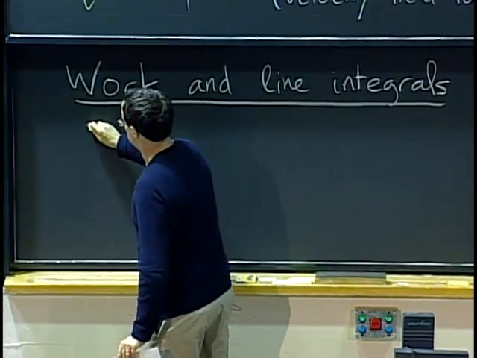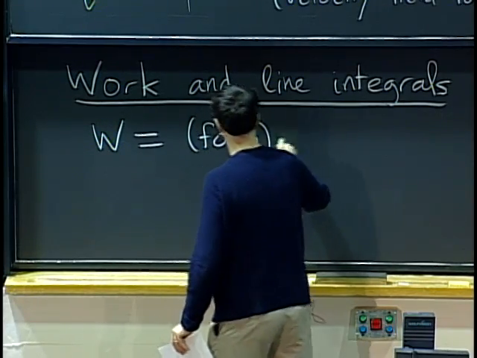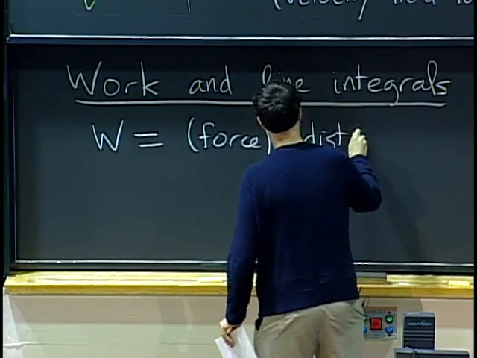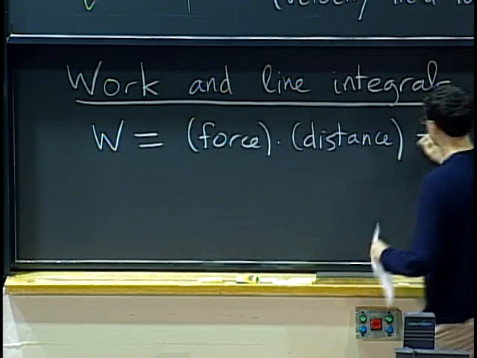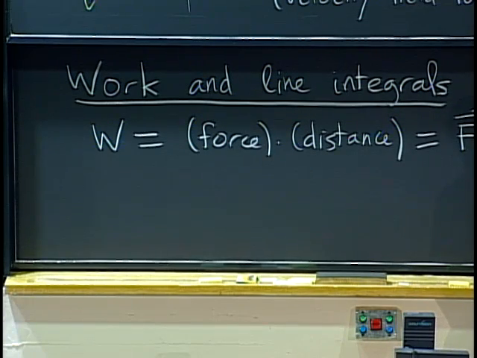Okay, so physically, remember, the work done by a force is the force times the distance. And more precisely, it's the dot product between the force as a vector and the displacement vector for a small motion.